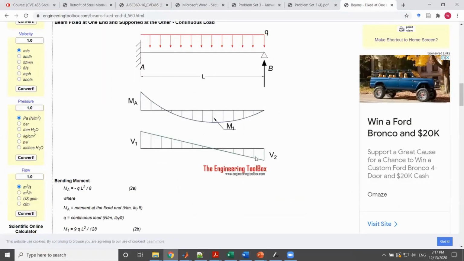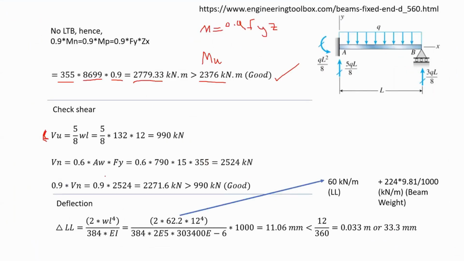And if you check the shear diagram, V1 in here, the maximum value is going to be equal to 5/8 WL, where W is your distributed factored load, multiplied by the span length. So from here, the ultimate load that is applied on your member is 990 kilonewtons.